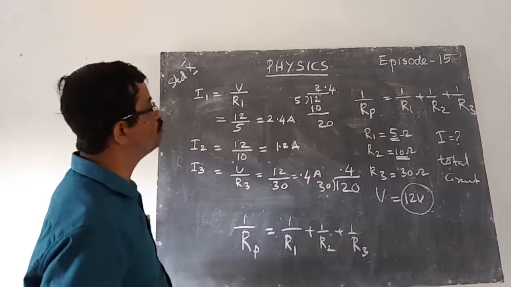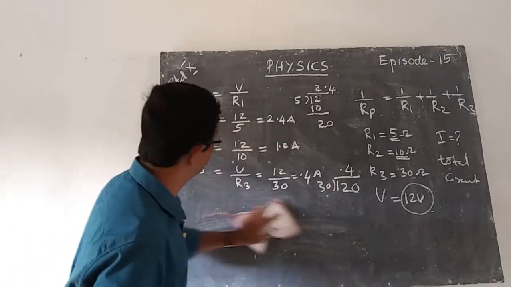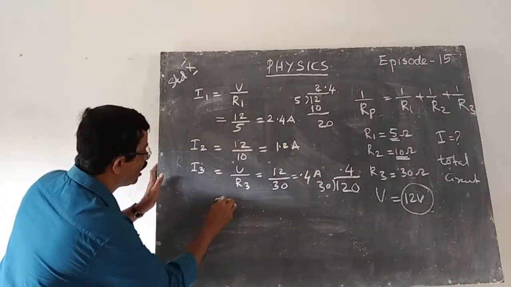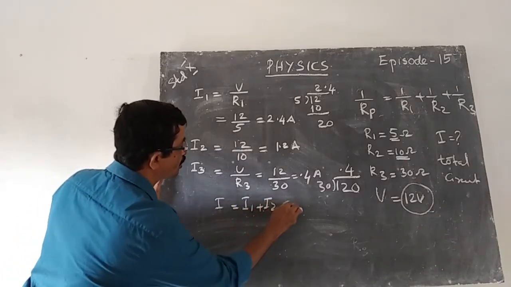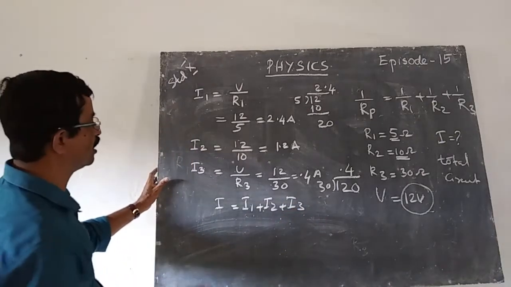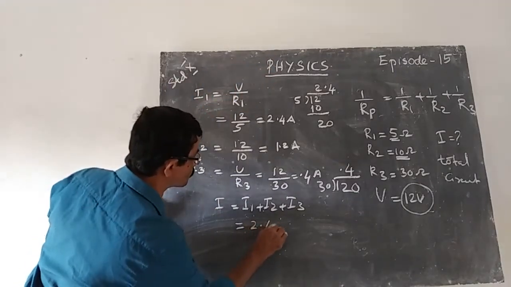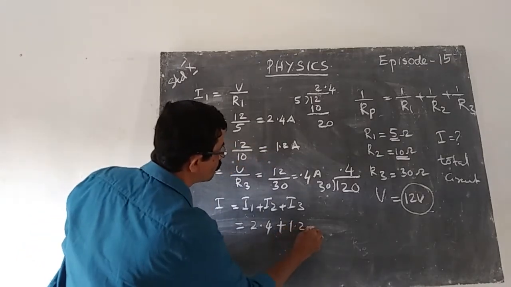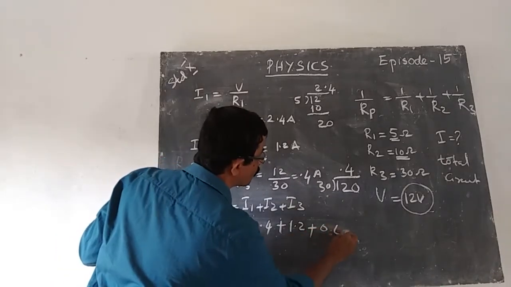Now the second question, part B, they are asking to find the total current. Now the total current, we know, is I equal to I1 plus I2 plus I3. I1 is 2.4 plus I2 1.2 plus I3 0.4.